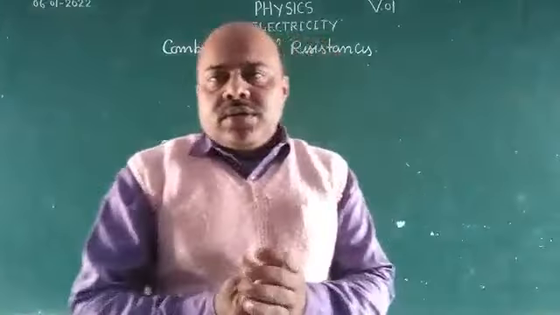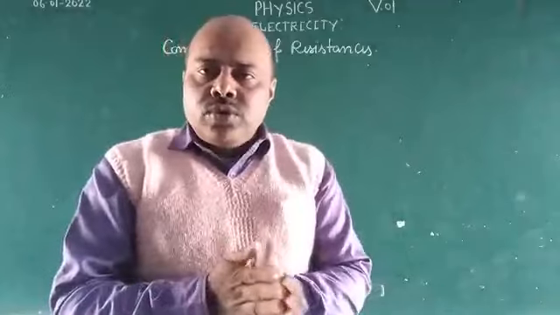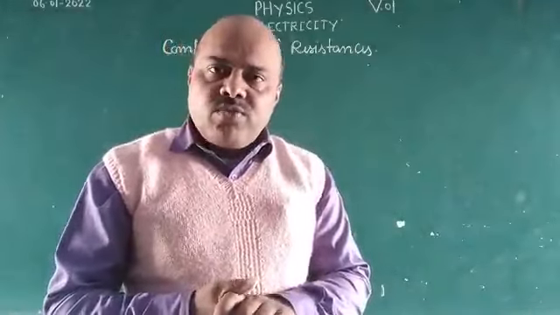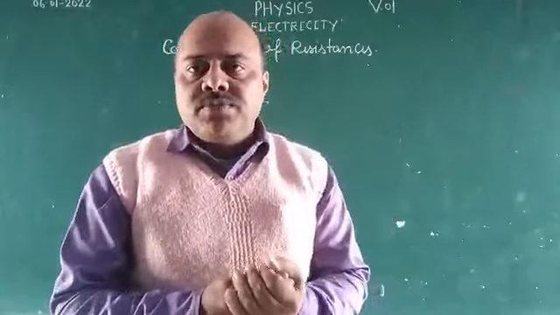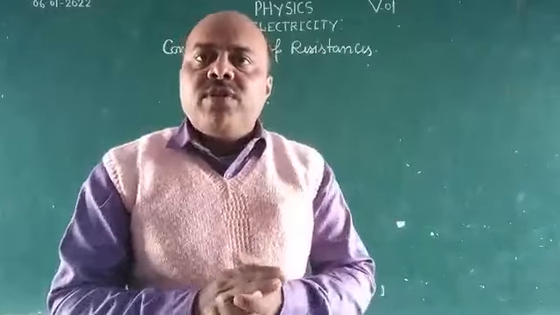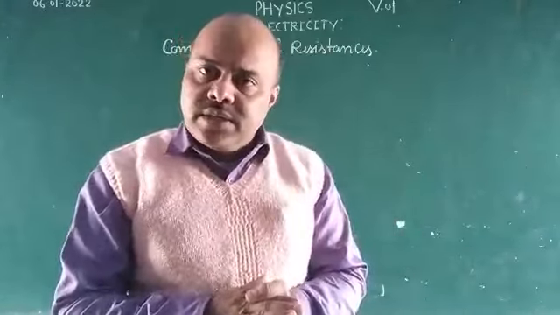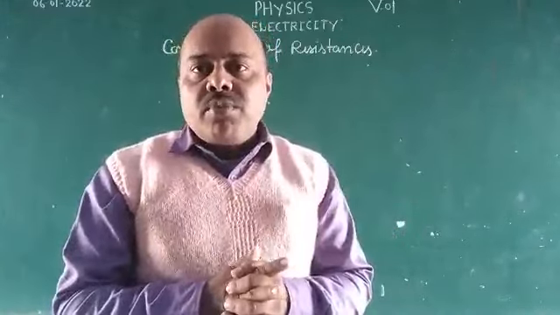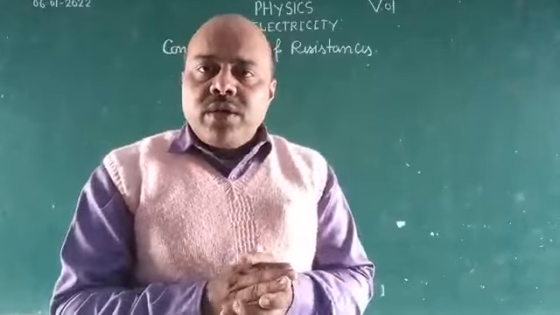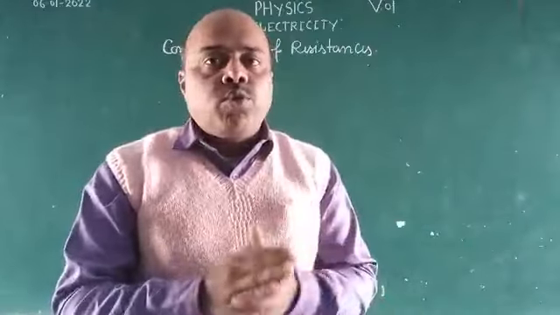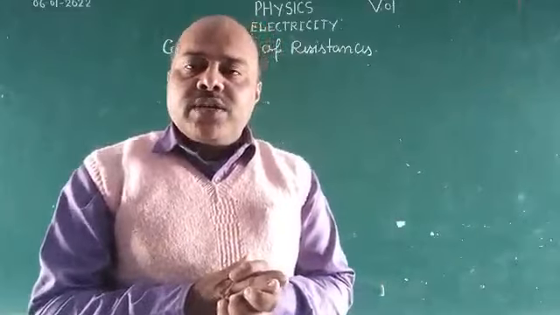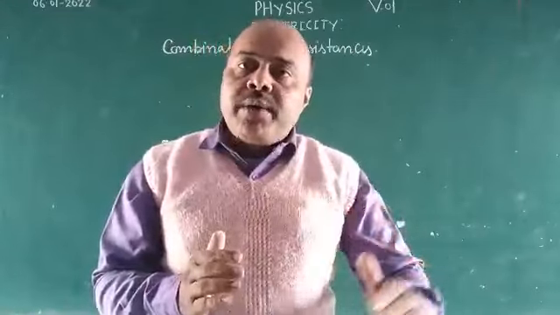Dear student, you know I told you about conductors and insulators. The substance which allows electricity to conduct, through which we can easily flow charge, is called a conductor. It has a large number of free electrons which are loosely held by nuclei, so these free electrons begin to move from one atom to another.